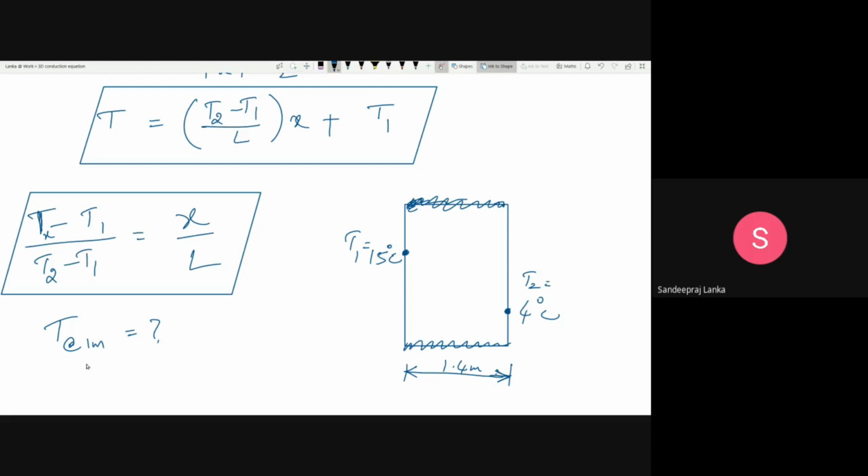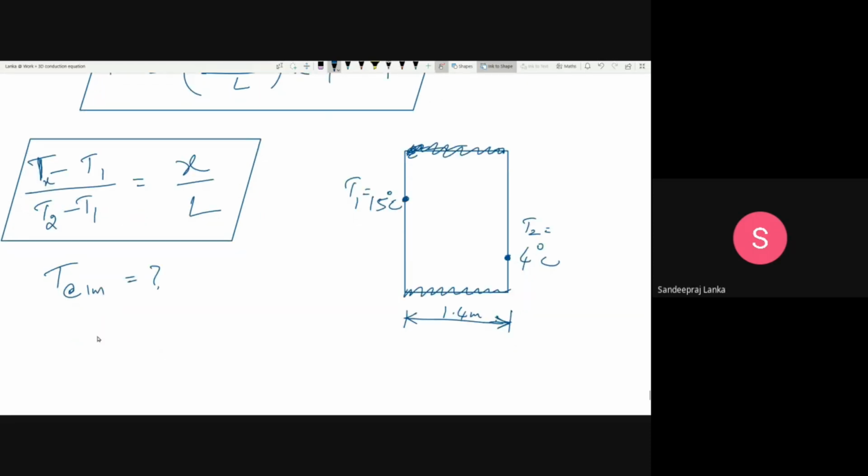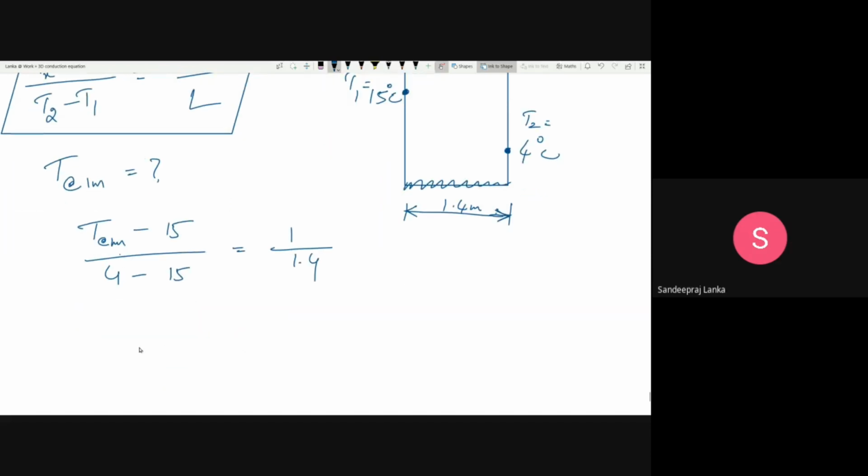If I want to find out, it will be like T at 1 meter minus T1, which is 15, over T2, which is 4, minus 15, is equal to x, which is 1 meter, over the whole thing, which is 1.4. Everything can be substituted into it and I can find T at 1 meter. It is as simple as that.